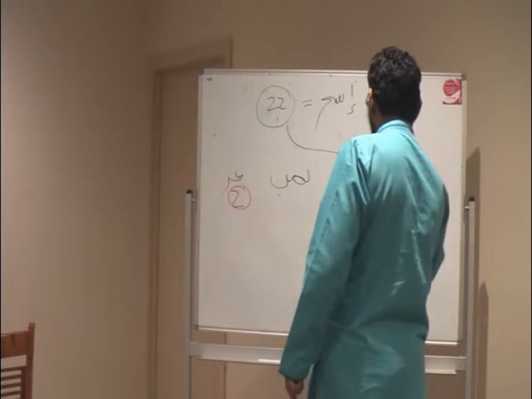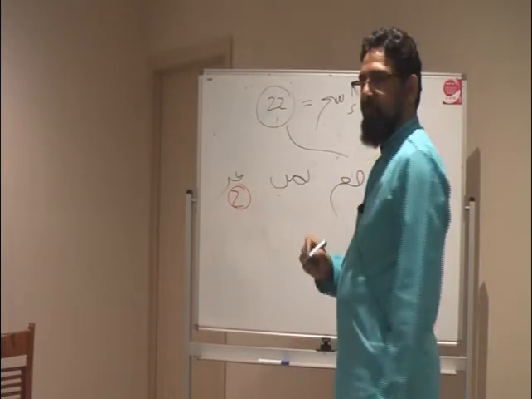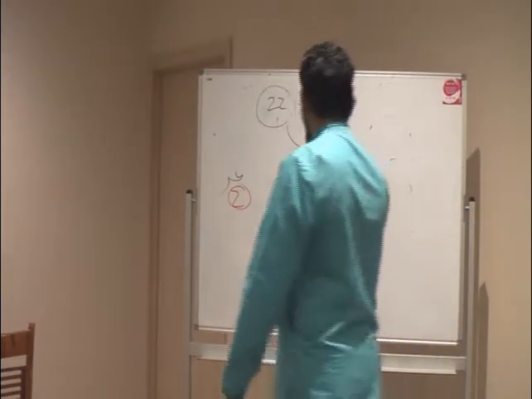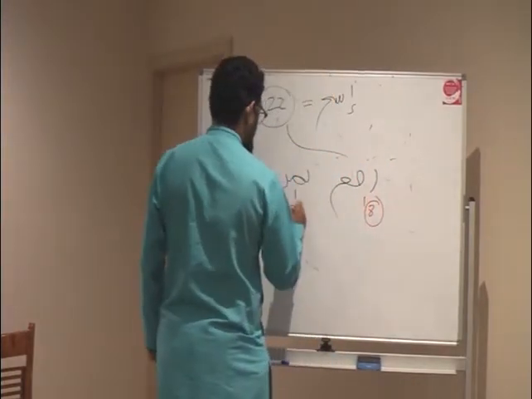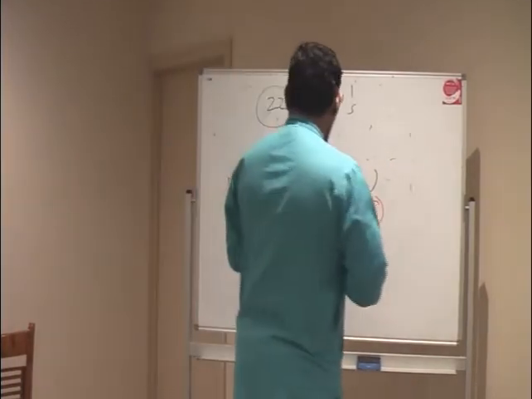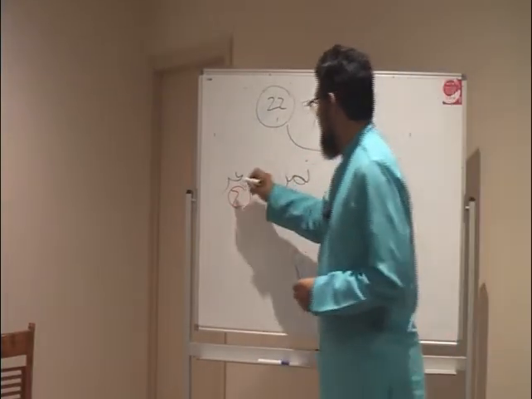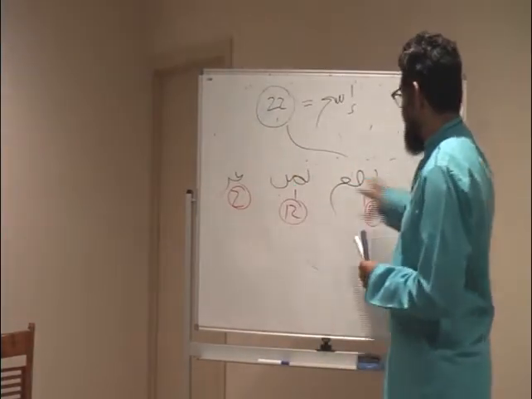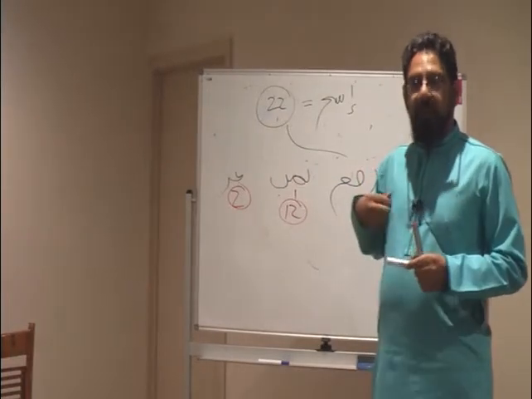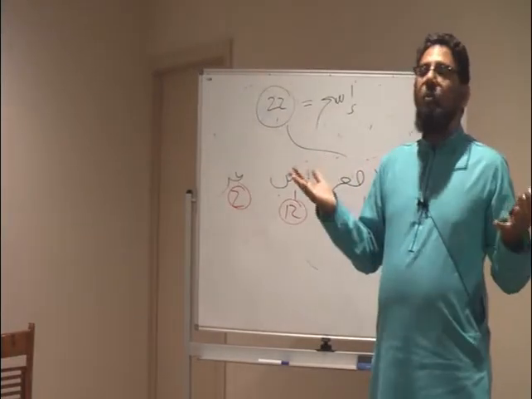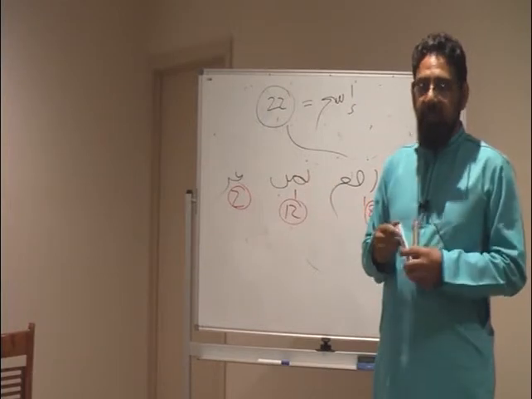In Rafa, 8 ways. In Nasab, 12 ways. So, by knowing these ways, we will be able to work out what context the noun, the ism, is being used in.